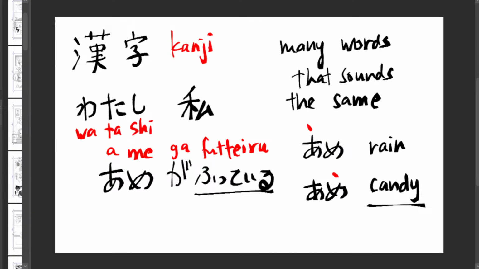So, okay, let me just write 雨 and 雨. Okay, for rain, the kanji is like this. It looks like some rain, right? Like this is the umbrella and you have rain under it.